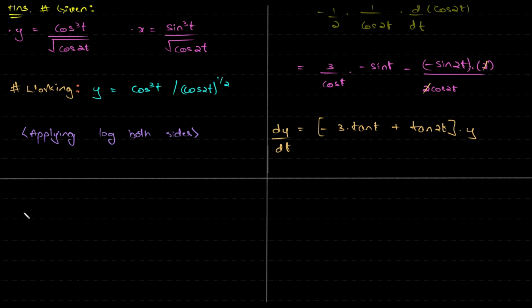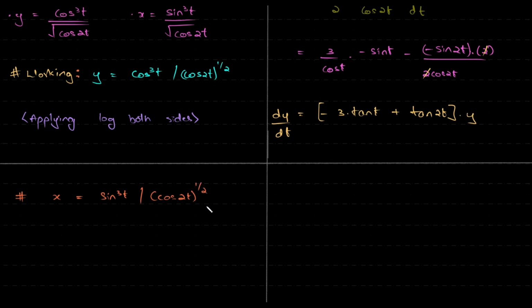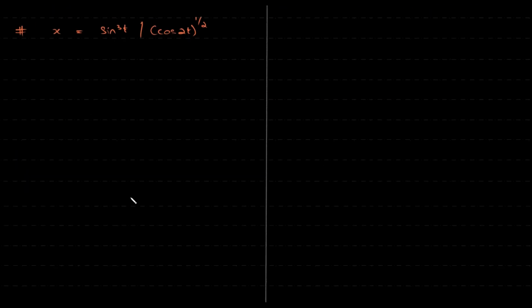So we have the expression for x, which is equal to sine cube t, same funda, cos of 2t whole to the power of half. And now we have differentiation with respect to t.